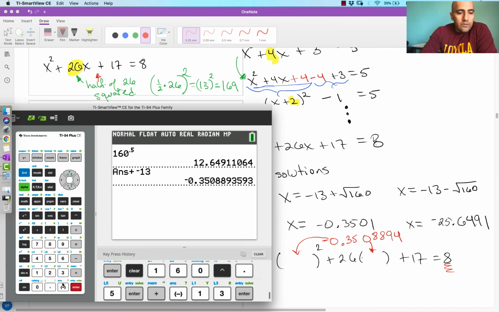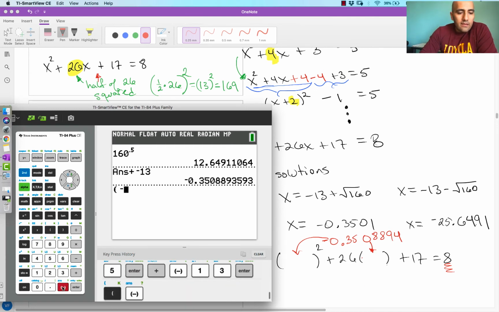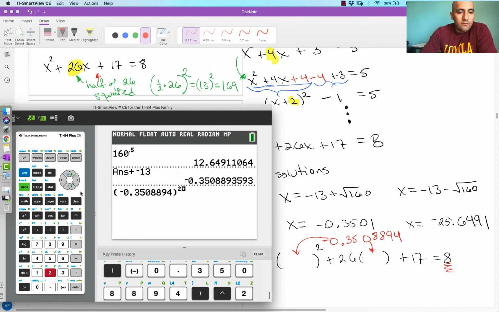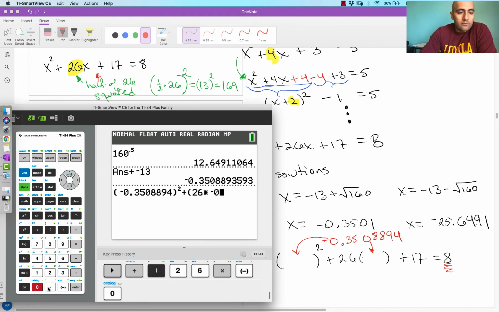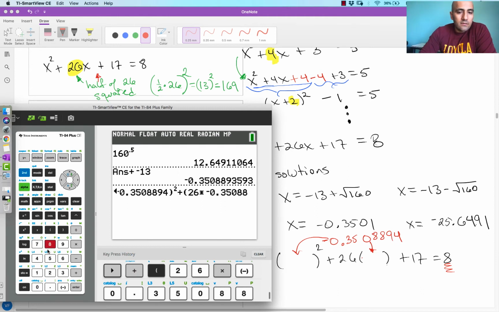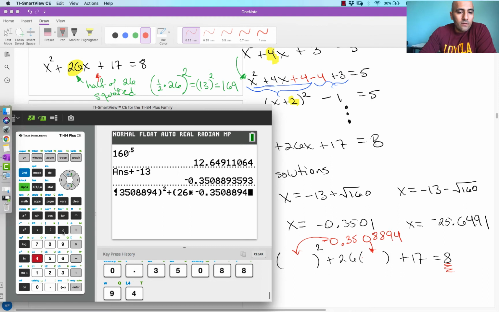Okay, so it's going to be negative 0.350889 close parentheses to the power of 2 plus, and then I'll put it in parentheses, 26 times, and then it's going to be negative 0.35088894 close parentheses plus 17.